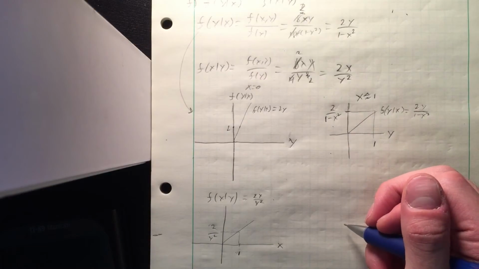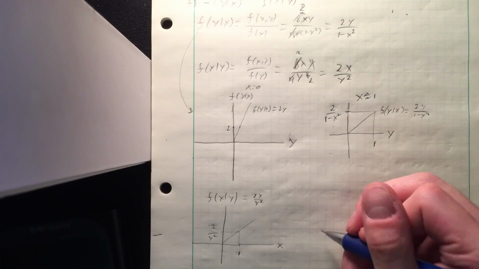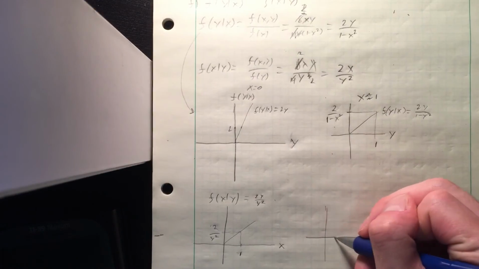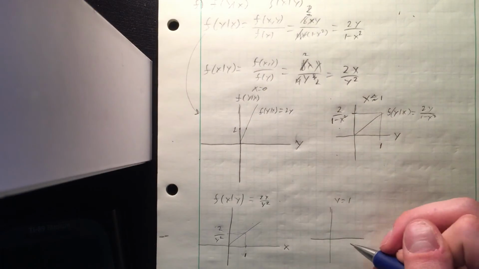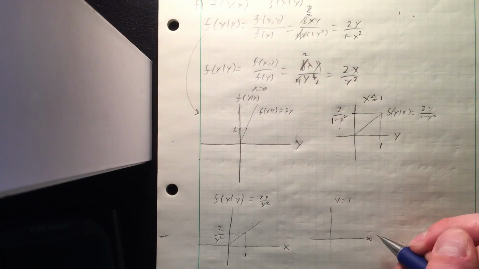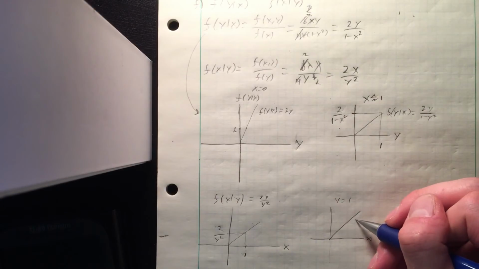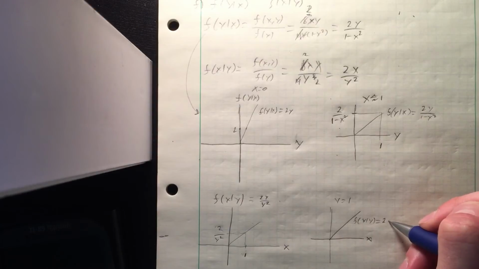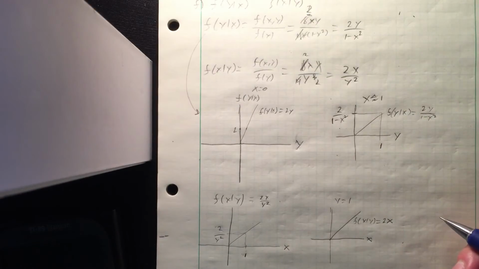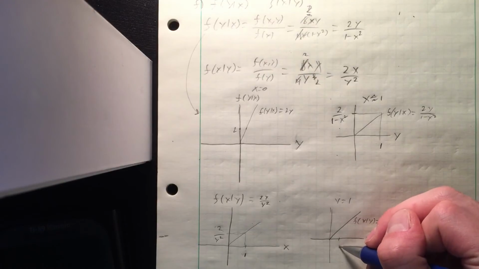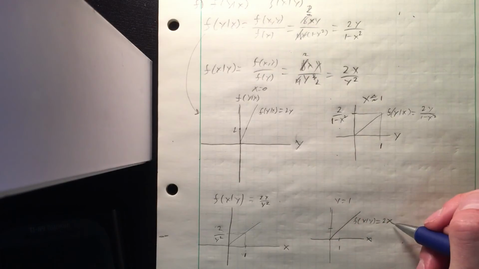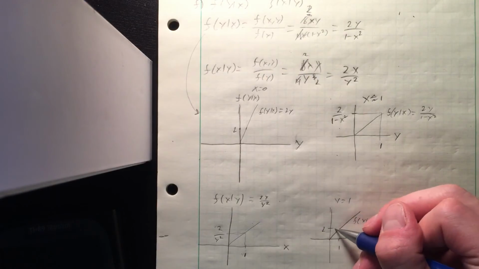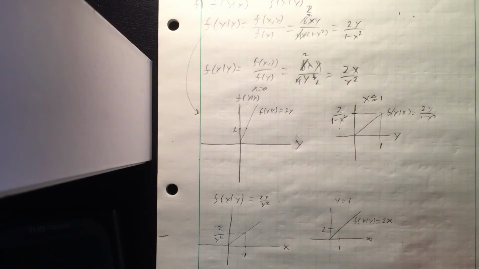But if y were equal to 1, you just have a function of x, for example, x is 1, and it's 2, and so on. So linear functions in this case.